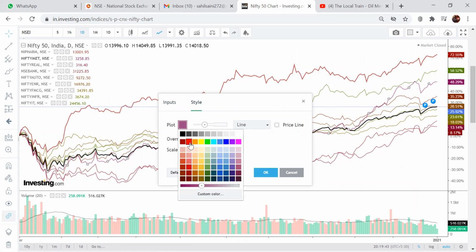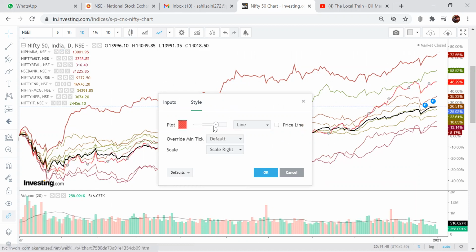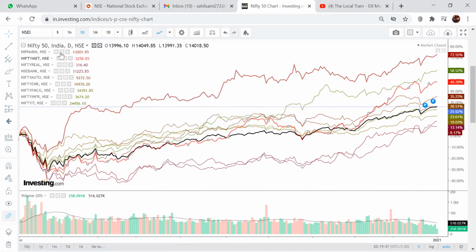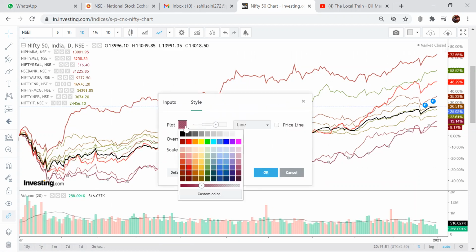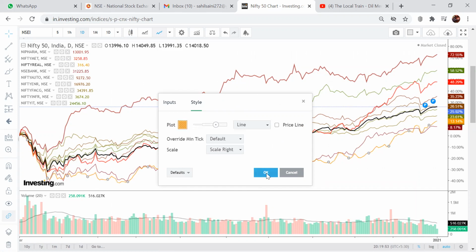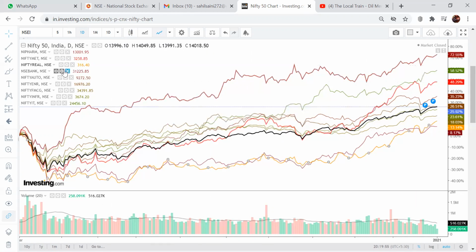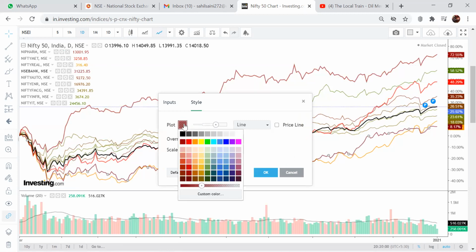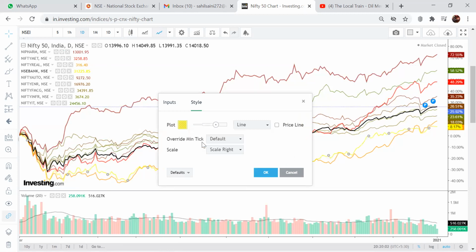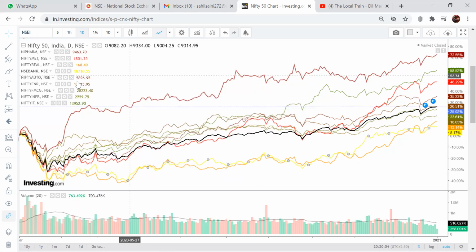So enjoy this drawing part of chart analysis, how we're going to compare it. For comparison, there must be something on the screen.